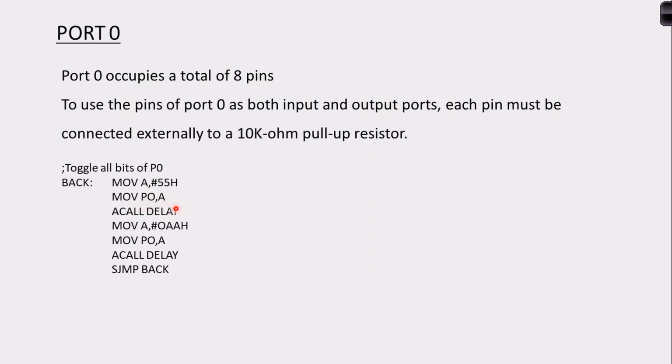Then I call some delay, and again pass 0A hexa to the accumulator and then to P0, and again call the delay. So we are complementing the bits present in the port after every certain amount of delay. This is what it actually does.